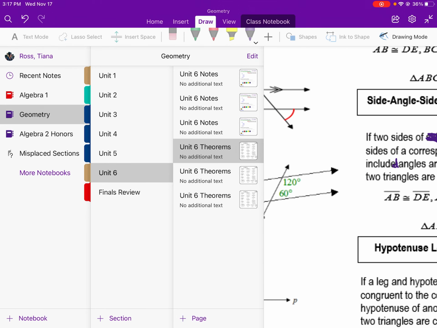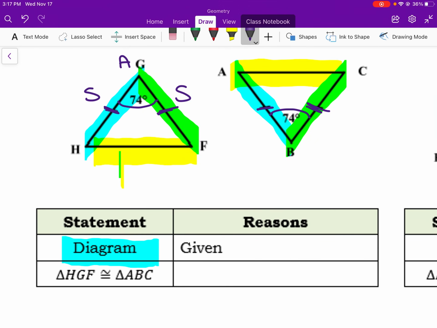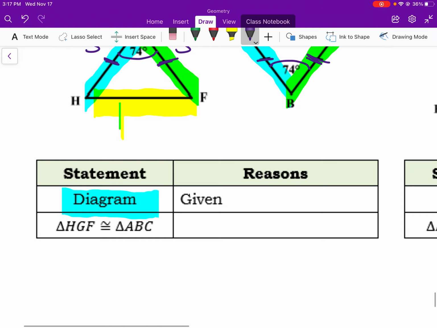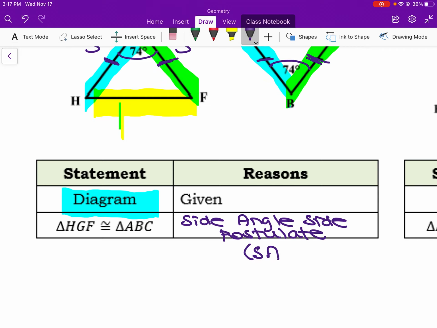So that would be my side angle side postulate. So that's what I'm writing in here. Side angle side postulate. Nice. Or we can abbreviate as SAS.